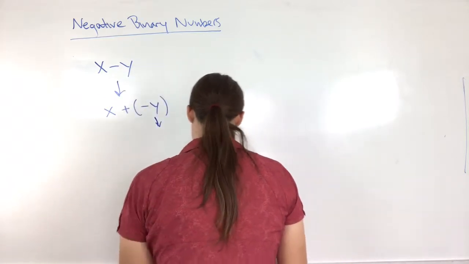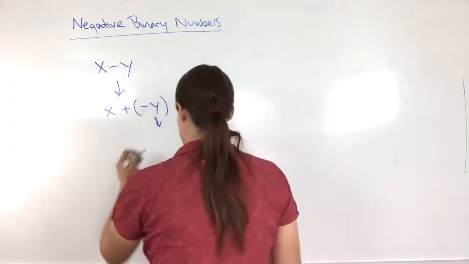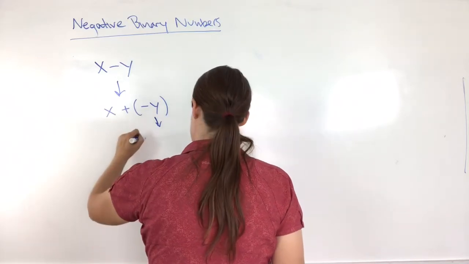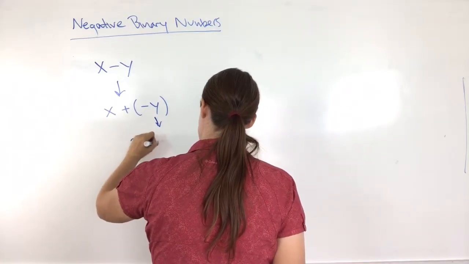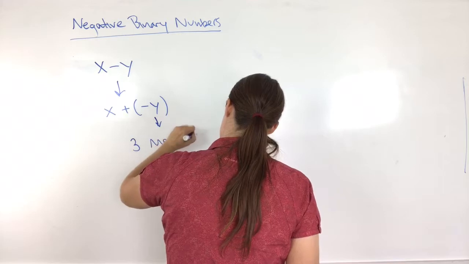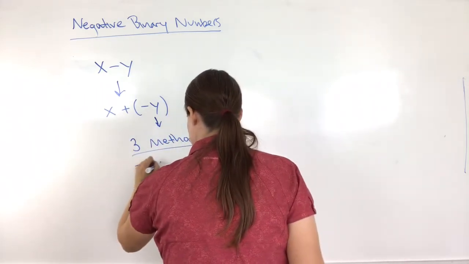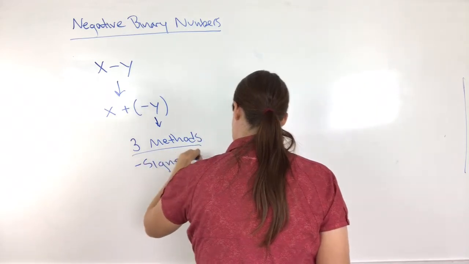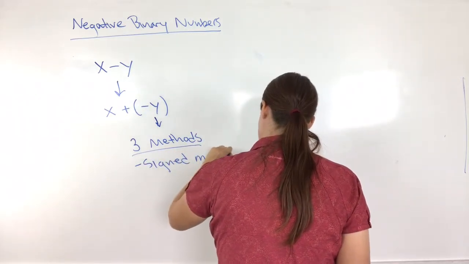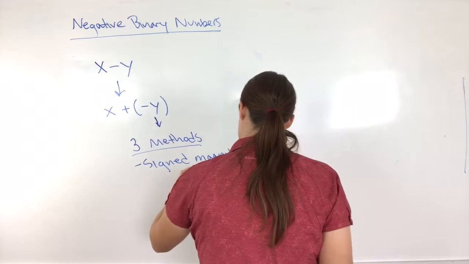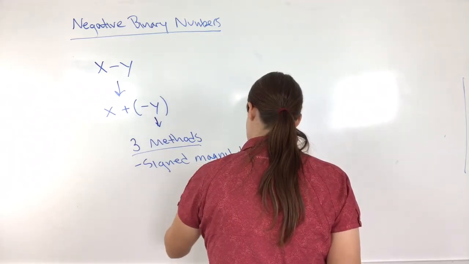Numbers can be represented in binary using three different methods. So there's three methods to represent negative numbers. The first method is what's called the signed magnitude representation.